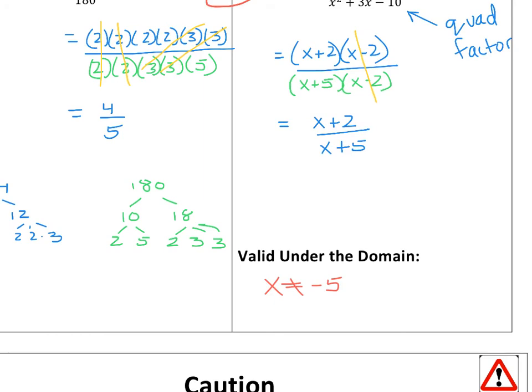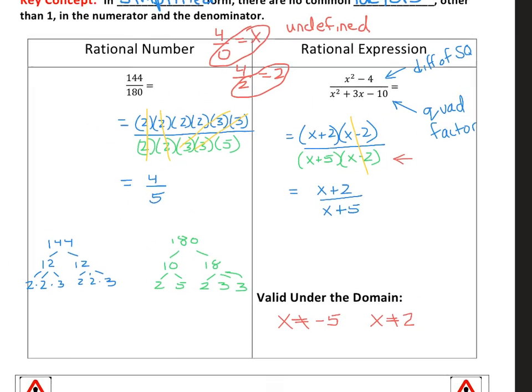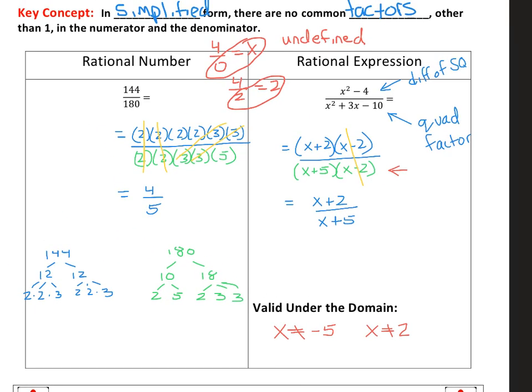So far, so good. However, we have to go back to the original factored denominator here. And when we do that, you can see that I have to also exclude x equals +2 because that will give us a 0 in the denominator. And if that confuses you, because it did cancel, if you will, it reduced out to 1.